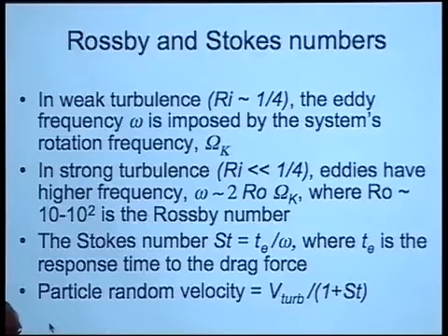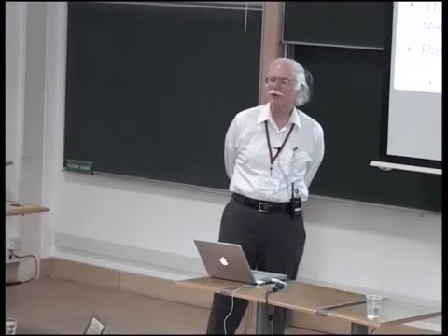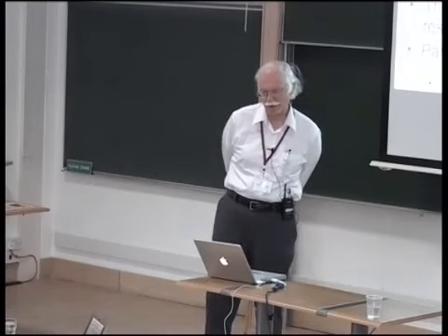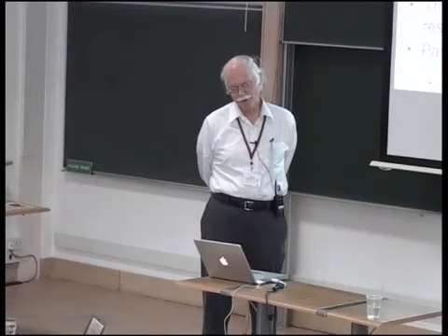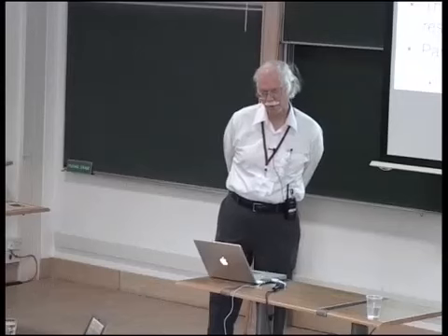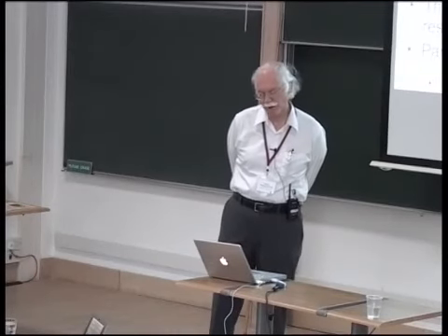And then once you get turbulence, you have a couple of other numbers that are relevant. The Rossby number. Often it's assumed that turbulence is going to have a characteristic eddy turnover time scale equal to the Kepler time. That is generally true in weak turbulence, but Jeff Cuzzi made some arguments some time ago that if you have strongly developed turbulence in a rotating system, the frequency of turbulence gets larger by some number, of order 10 to 100 or so, and that ratio is the Rossby number.